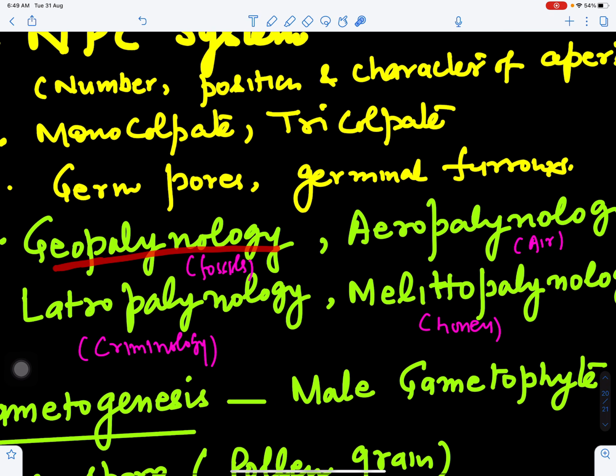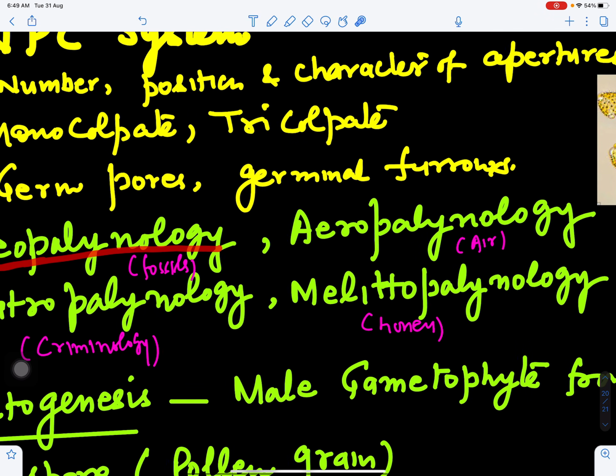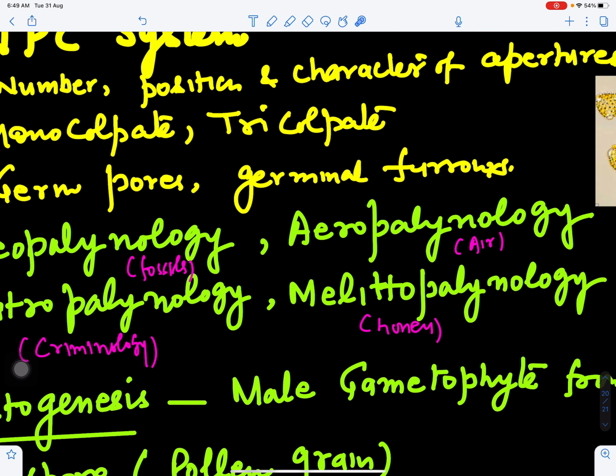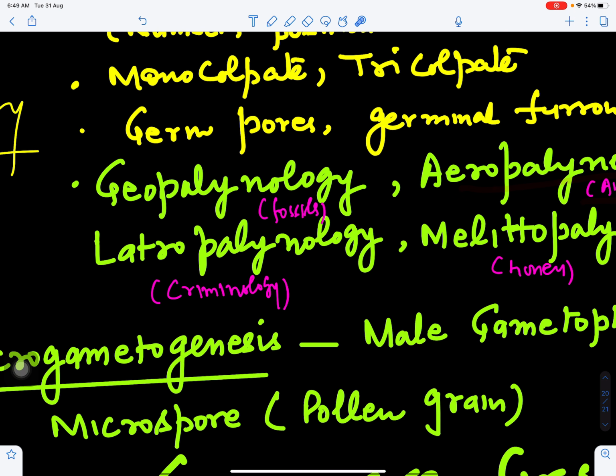Now when pollen grains are dispersed with the help of air from the anther, certain pollen grains are there in the air, and their study in the air is called as aeropalynology. Supposing a crime has occurred, pollen grains may stick to the body of animals or human beings or the criminal.